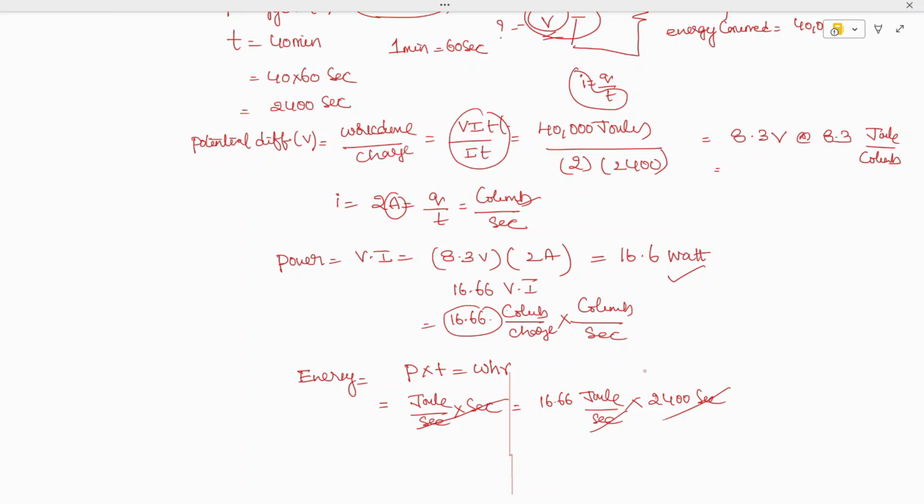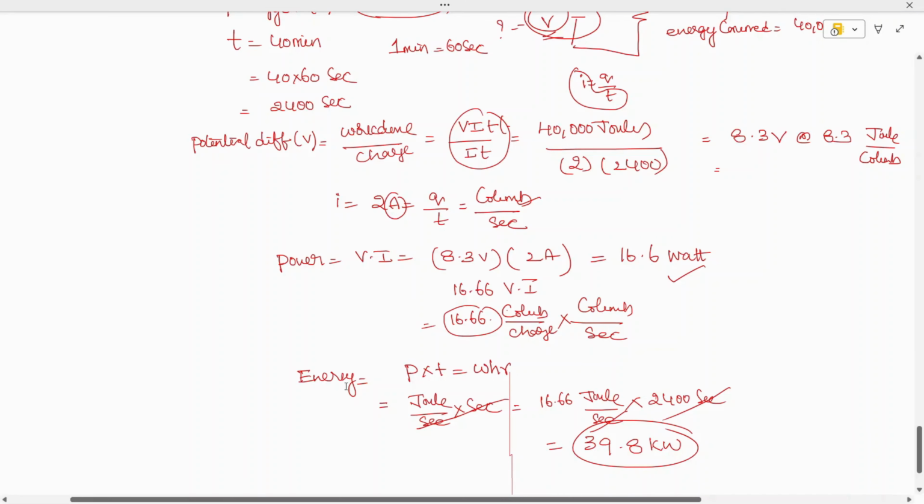So 16.66 multiplied with 2400 gives the energy consumed as 39.8 kilojoules. This is the amount of energy consumed by that resistor, and the ultimate units of energy are joules.